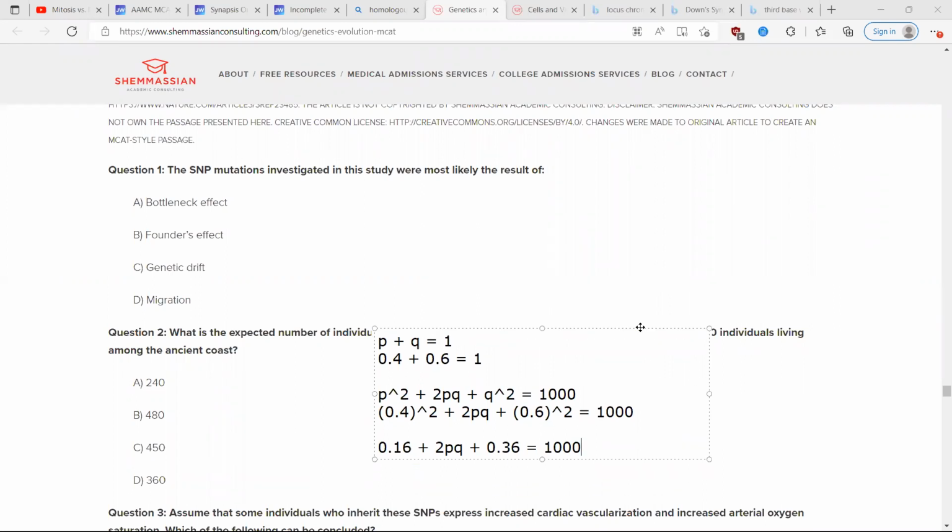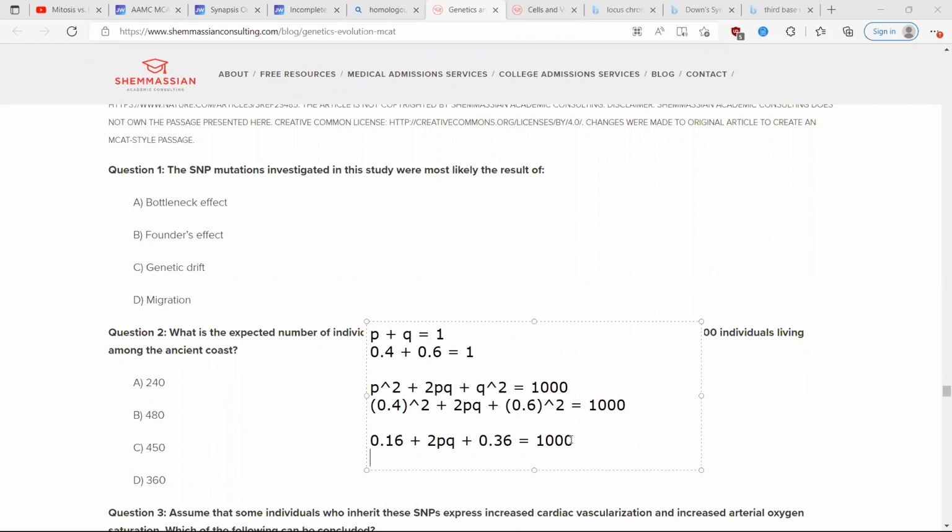Math. Then what? I think 36... 52 plus 0.52 plus 2PQ equals 1,000. So then the 2PQ is going to be the 1,000 population minus 52.